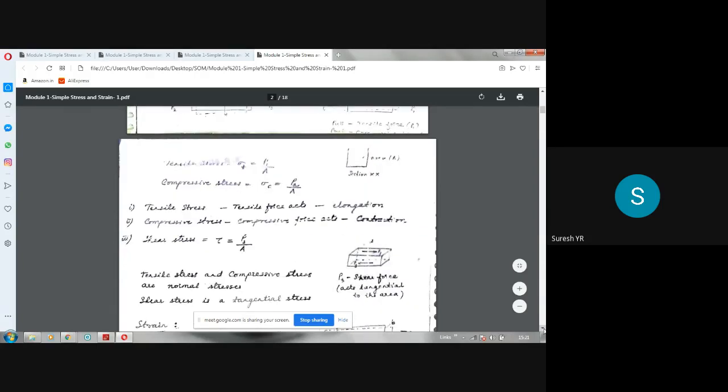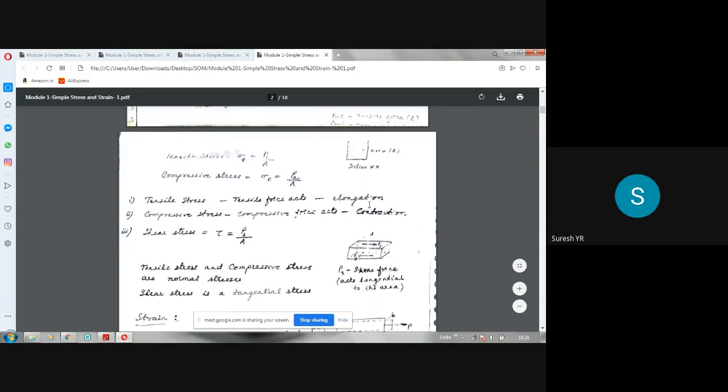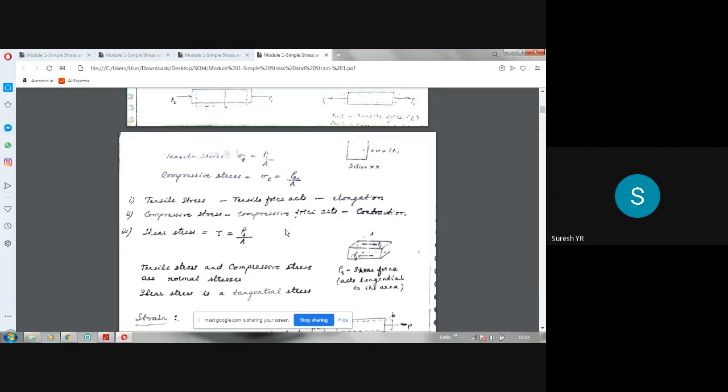Due to tensile stress, you know that you have elongation. Due to compressive stress, you have contraction along the linear direction. Since the stresses are represented along the linear direction, we call it linear stress also. There is one more stress called shear stress or tangential shear stress, which acts parallel to the plane of the area.